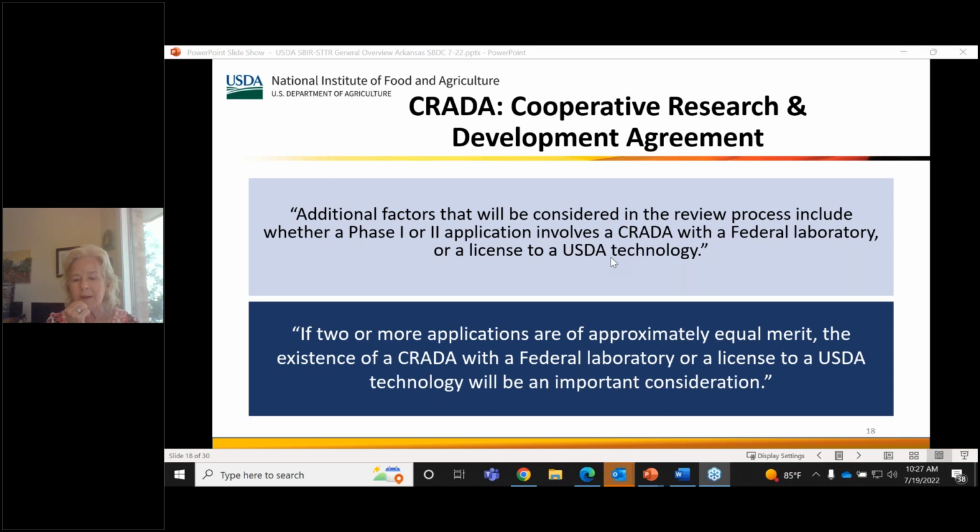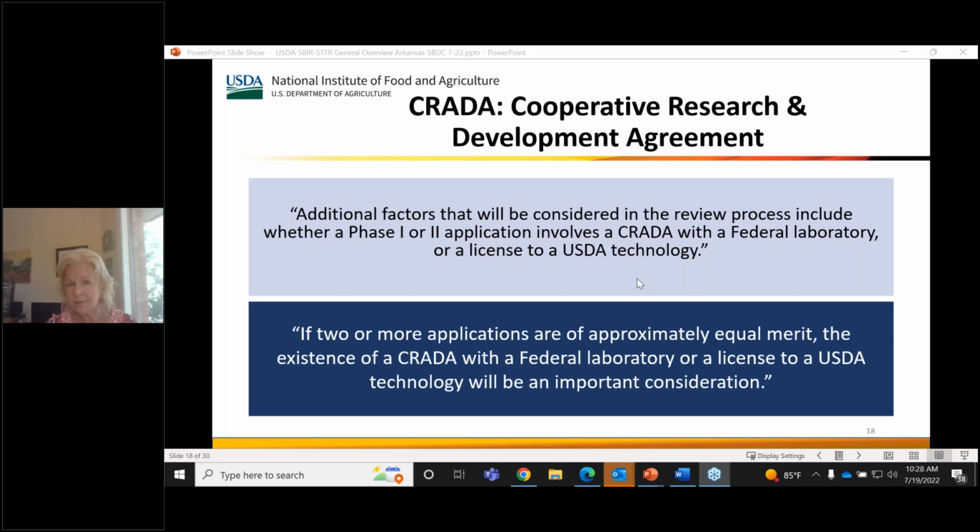You can set up a meeting with them or give them a summary of your project, and they can help you find a federal lab, if there is one, that has a similar interest and might want to work with you on your innovation. Is that helpful, Rebecca? And are there other questions?